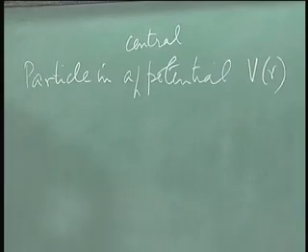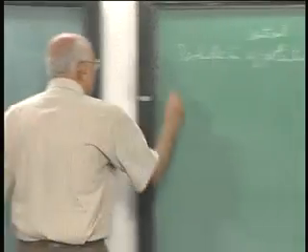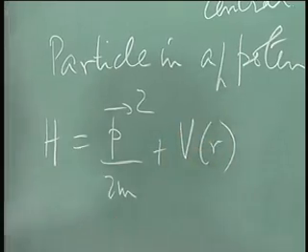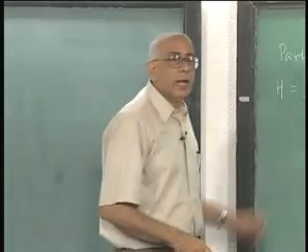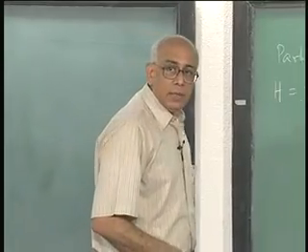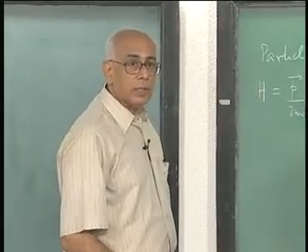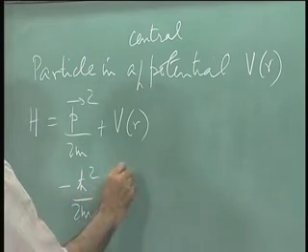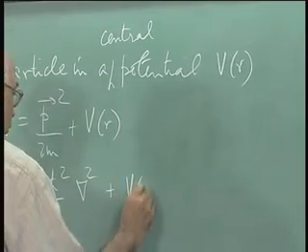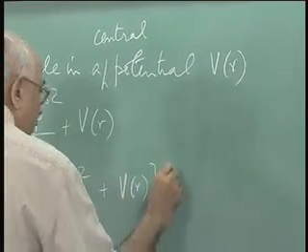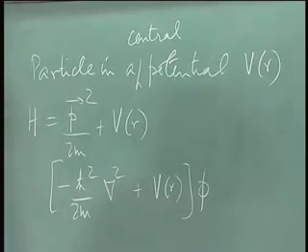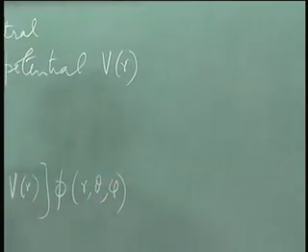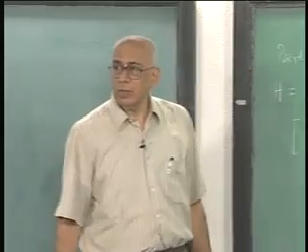Okay. Now what is the Schrodinger equation for this system? Well, the Hamiltonian is p squared over 2m plus V, which is a function of little r alone, and when it acts on position space wave functions, then the eigenfunctions or the stationary states of the system would obey something like minus h cross squared over 2m del squared plus V of r acting on phi, that is my symbol for the stationary state wave functions, and this would be a function of r, theta and phi, because I would like to use spherical polar coordinates, it is most convenient to do so.